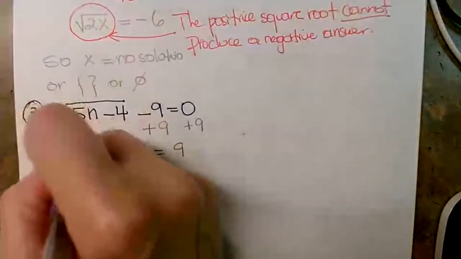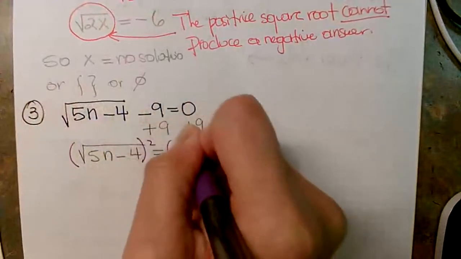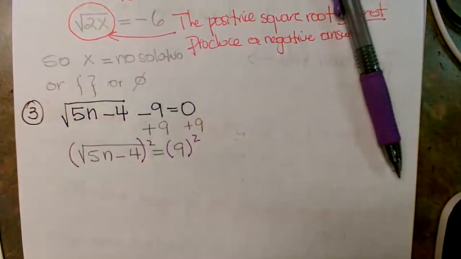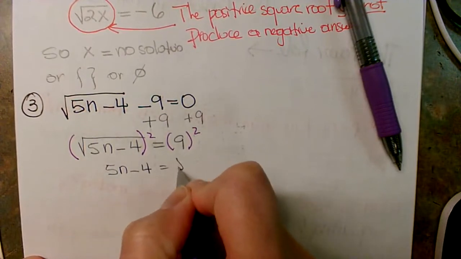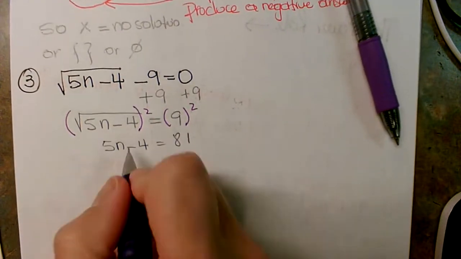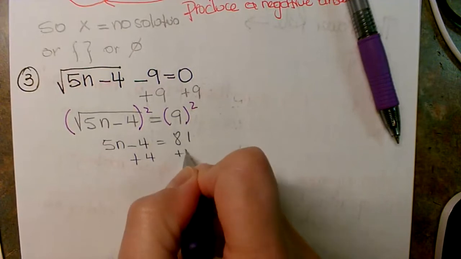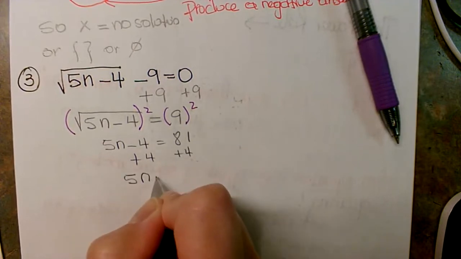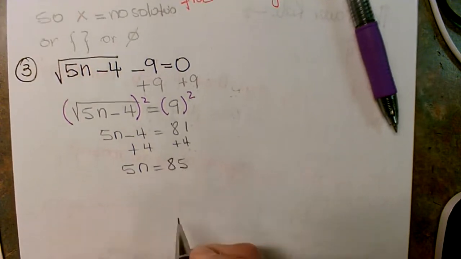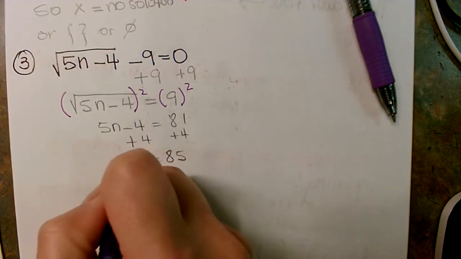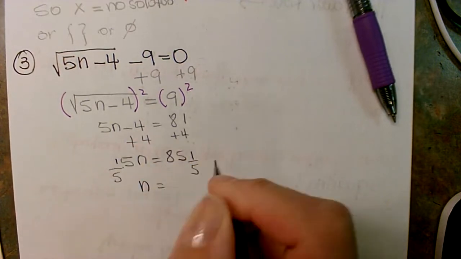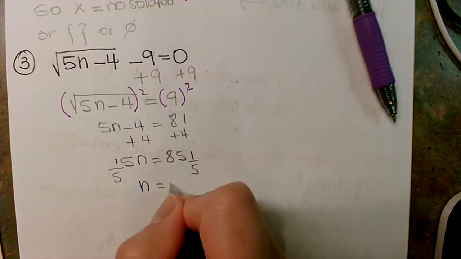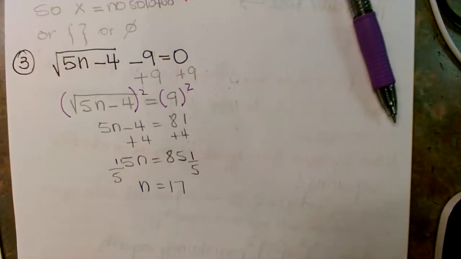So we're going to square both sides. 5n minus 4 equals 81. We add the 4, 5n equals 85, multiplied by the reciprocal, n is equal to 85 divided by 5, 17.